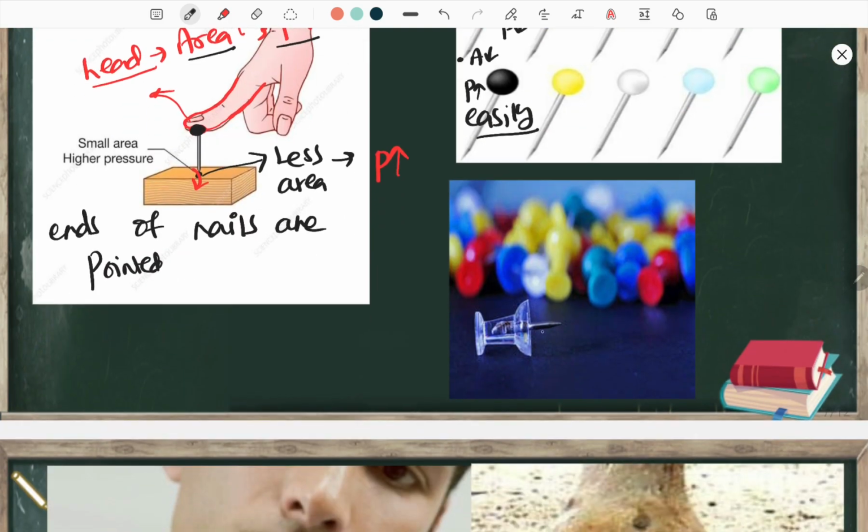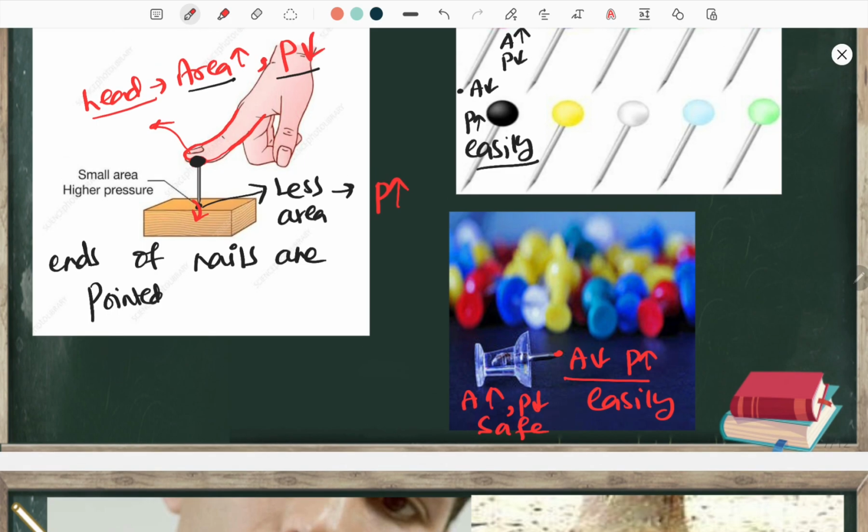Look at this pin also, look at the other end. Here the area is less, pressure is more, that's why it goes easily into the notice board. This side the area is more and pressure is less, that's why you are safe. Nothing will happen to your hand.